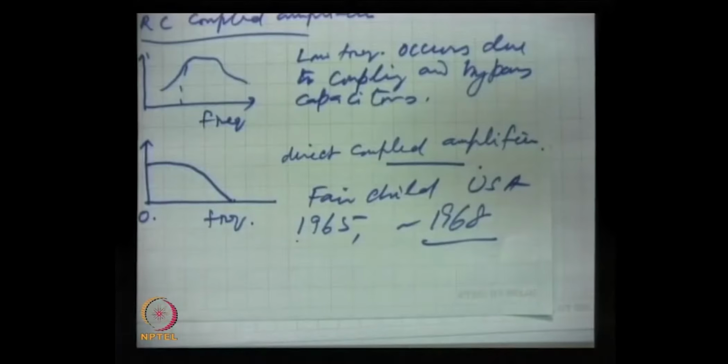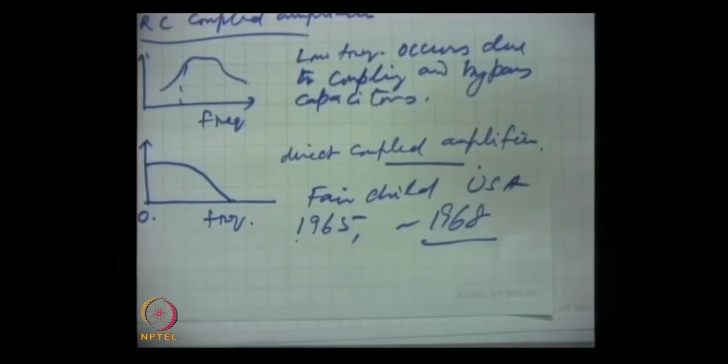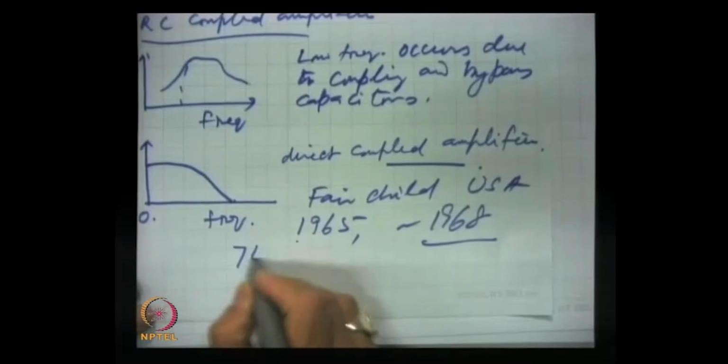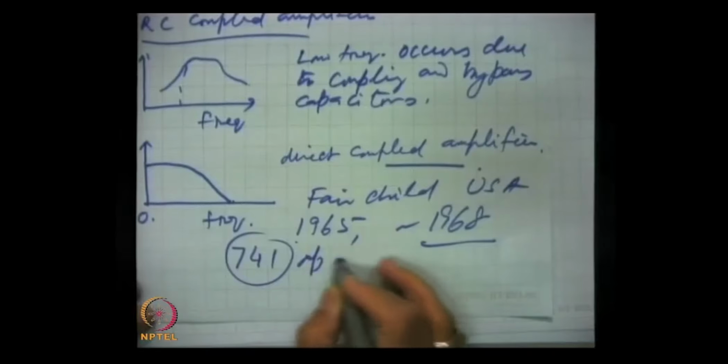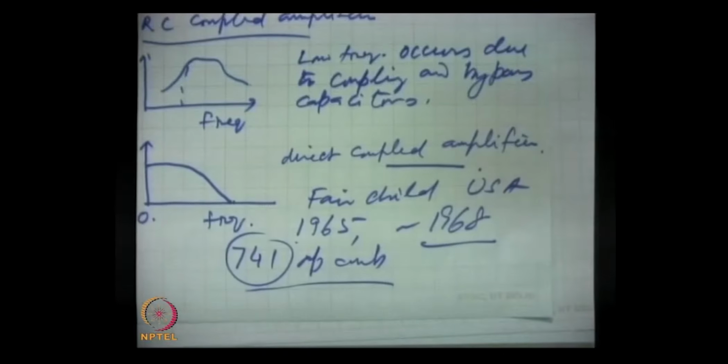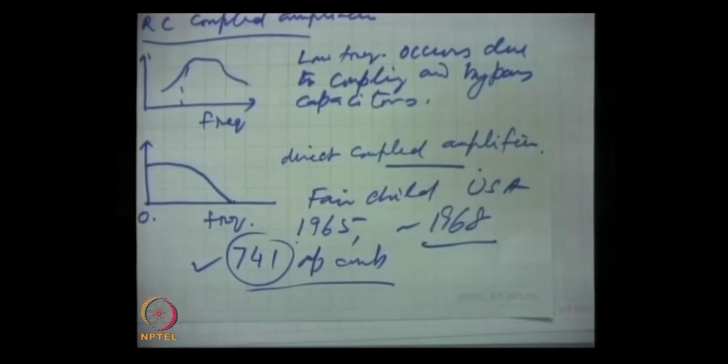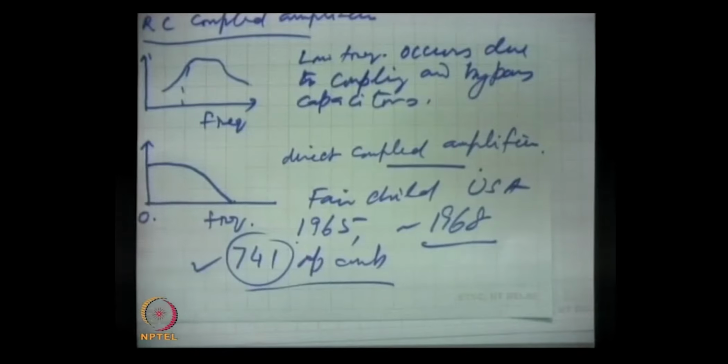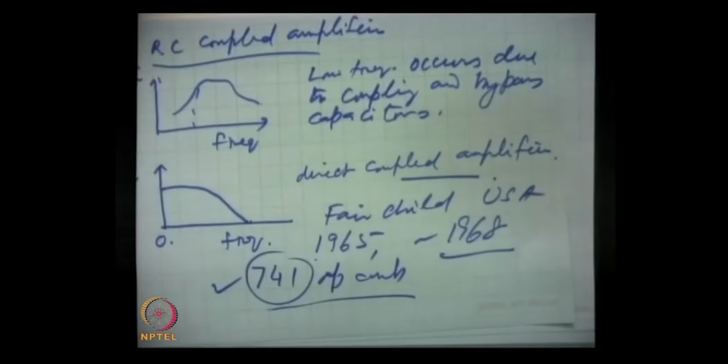Out of these 2000 different types, 741 is the number of an op-amp that is very widely used. It is a common purpose op-amp for many lab experiments and in many circuits. We will take this as a model, but replacing it by any other number, the basics which we are going to consider are not going to change.